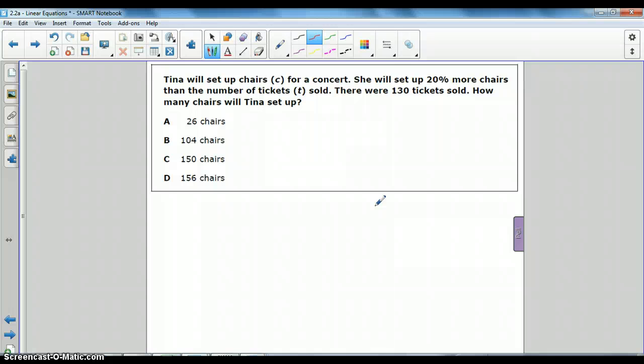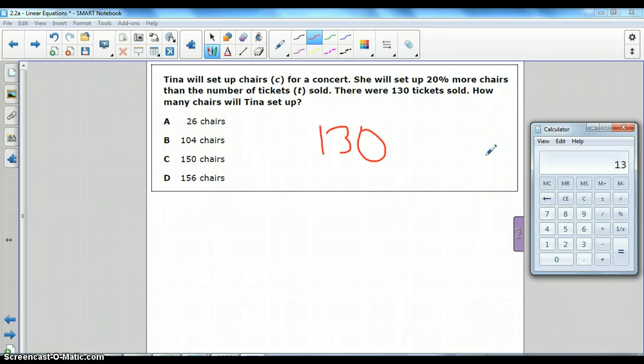Tina will set up chairs for a concert. She will get 20% more chairs than the number of tickets sold. There were 130 tickets sold. How many chairs will she set up? So she needs to set up 20% more chairs than the tickets she sells, probably just to make sure she has some extras. So we need to find out what 20% more is.